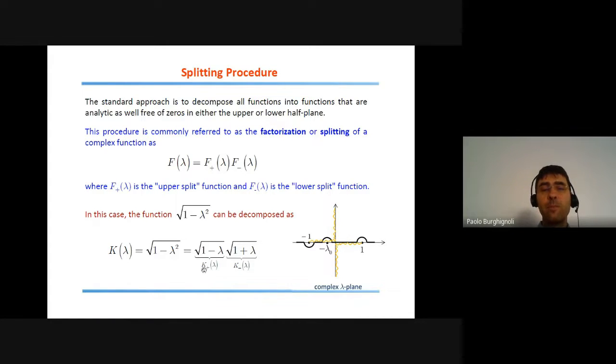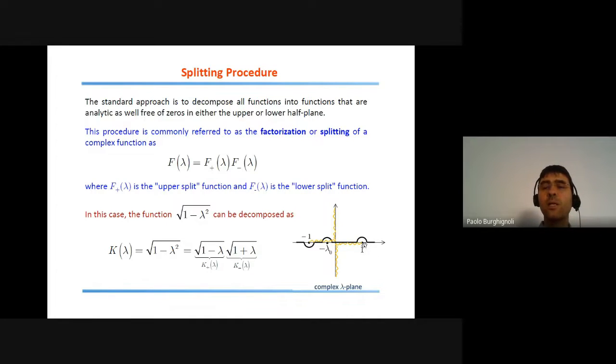function, k plus, because if you observe the situation here in the complex lambda plane, you will see that the branch point at 1 can be considered to lie in the fourth quadrant. That is, if you introduce infinitesimal losses in the media, the wave number will be removed from the real axis and it will go into the fourth quadrant of the lambda plane.